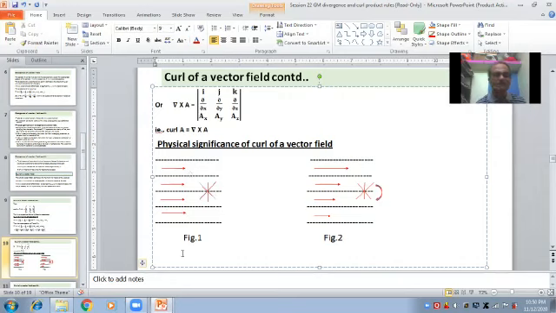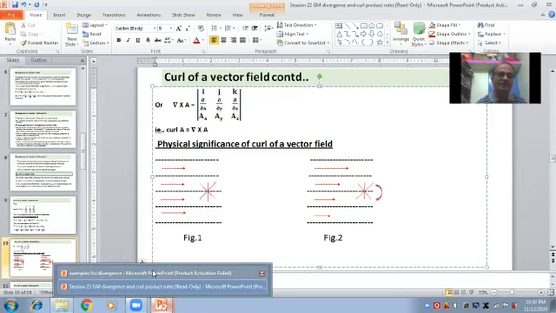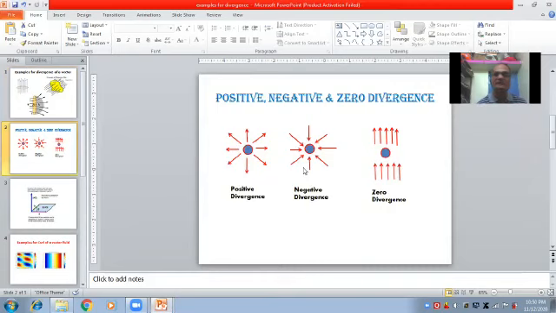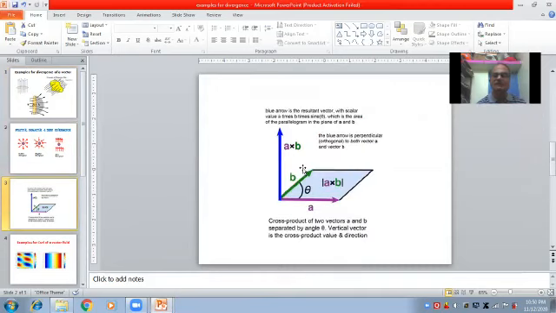Next, we can see some examples for curl also. And this is the vectorial representation of a curl, or the geometrical representation of a curl. Let us say A and B are two vectors with some angle between them, so they form some area.